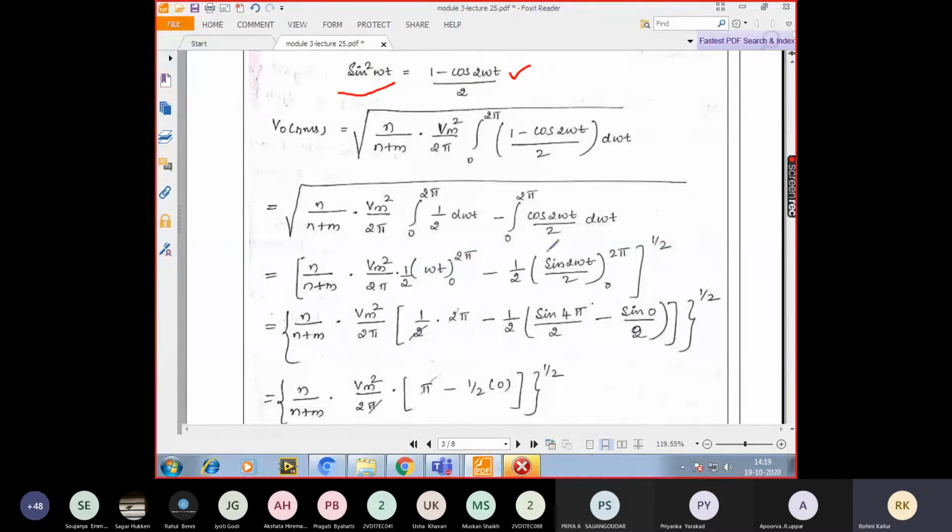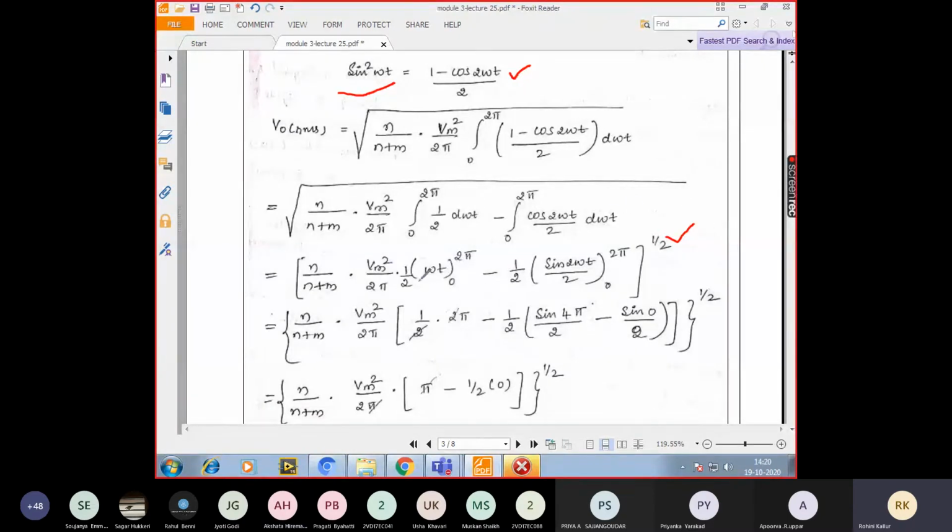Minus, 1 by 2 you can take outside, and the integration of cos 2 omega t is sin 2 omega t divided by 2, with limit 0 to 2 pi. All this is under the square root, which is why we have the 1 over 2 written. Is it okay till here? Following? Yes, ma'am.